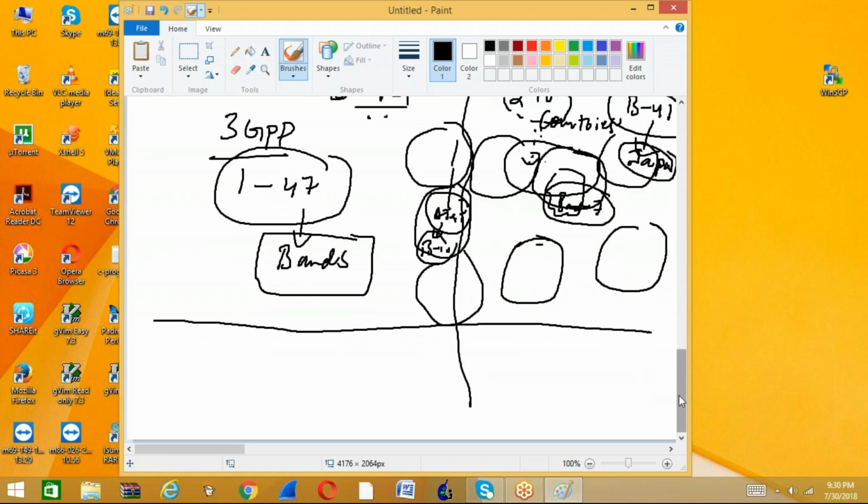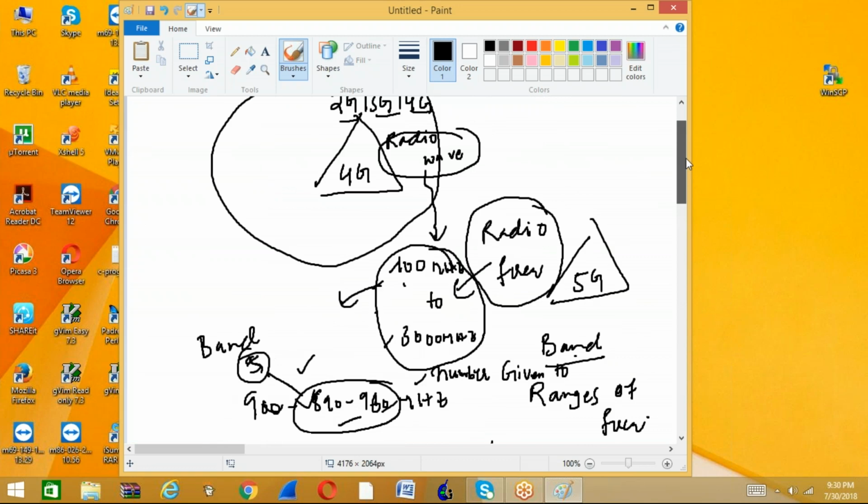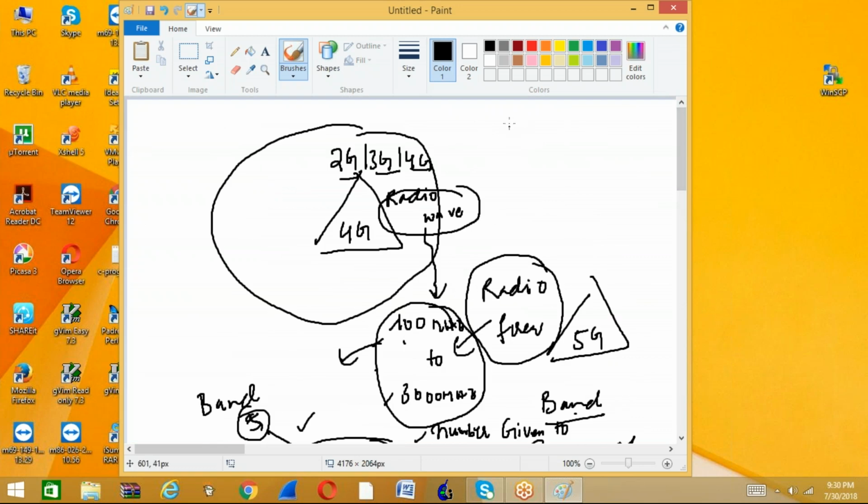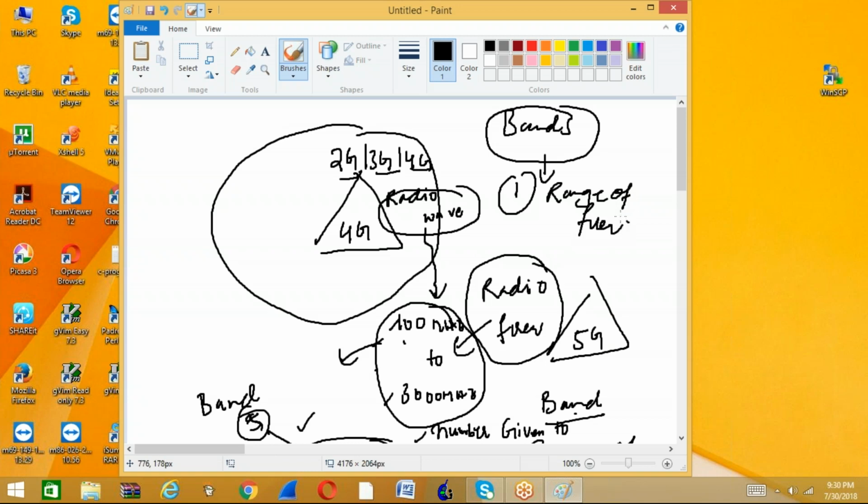Okay, so that is what I told you at the starting. We have something called bands. So what are bands? An index number given to a range of frequencies, the index number starting from 1 to 47.